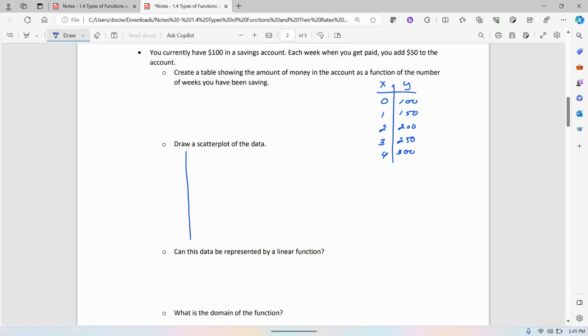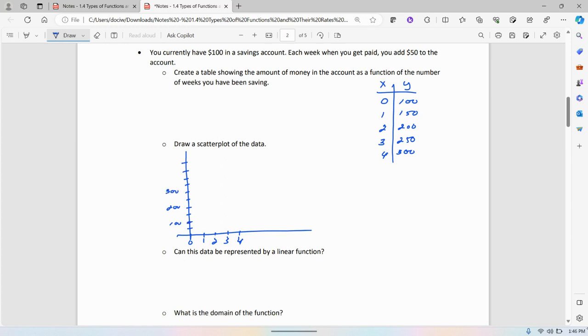Your scatter plot at 0, 1, 2, 3, 4. We could keep going because I don't know for how many weeks I'm going to do this. And let's let each line here represent $50. So there's 100, 200, 300, and so on.